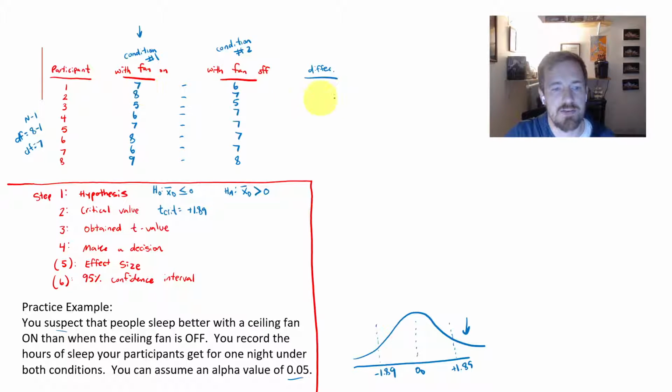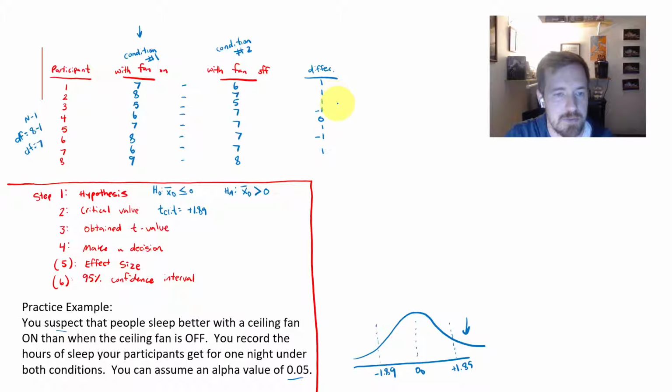So the difference here, 7 minus 6 is going to be 1, 8 minus 7 is going to be 1, 5 minus 1 is going to be 1, 6 minus 7 is going to be negative 1. Wait, yep, negative 1. 7 minus 7 is going to be 0. 8 minus 7 is going to be 1. 6 minus 7 is going to be negative 1. And 9 minus 8 is going to be 1. I'm missing something here, aren't I?